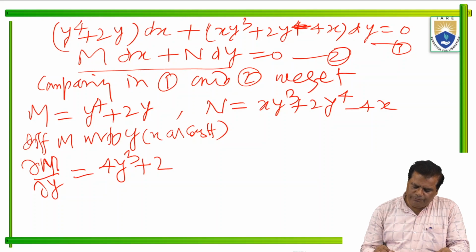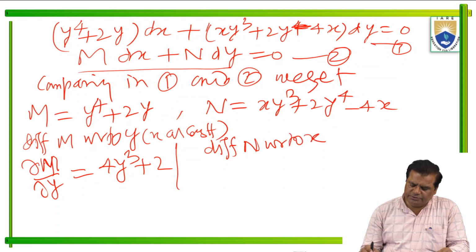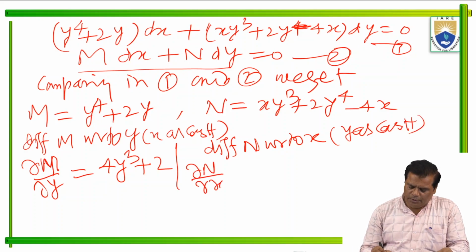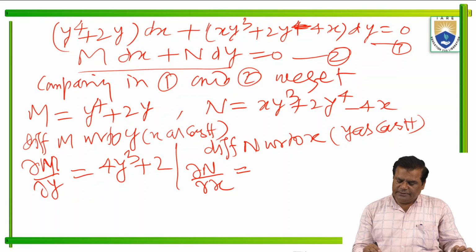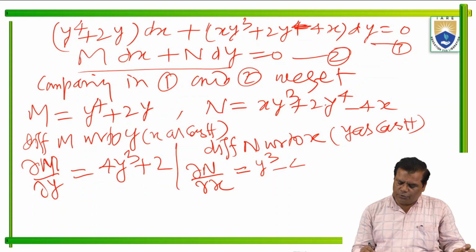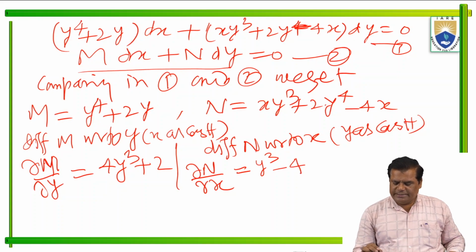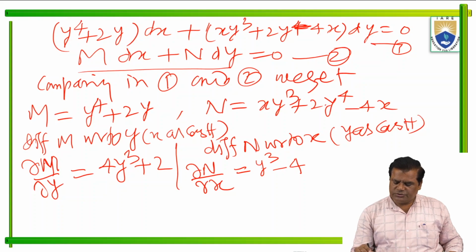Now differentiating N with respect to x, taking y as a constant, del N over del x equals y^3 + 0 - 4. Y is a constant, so the differential of x is 1: y^3 minus 4.